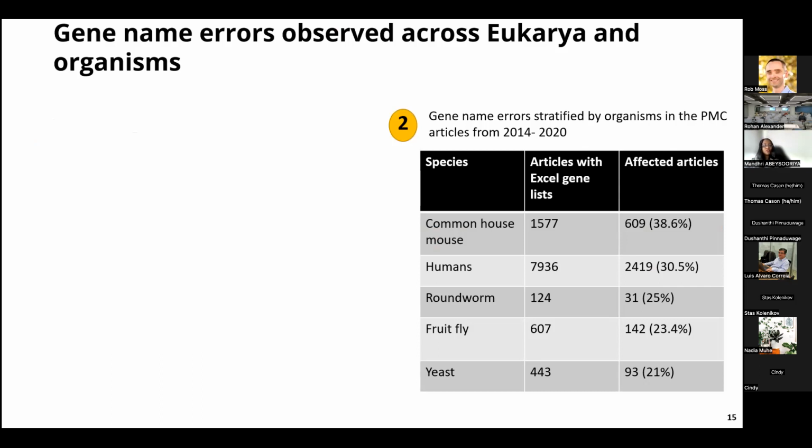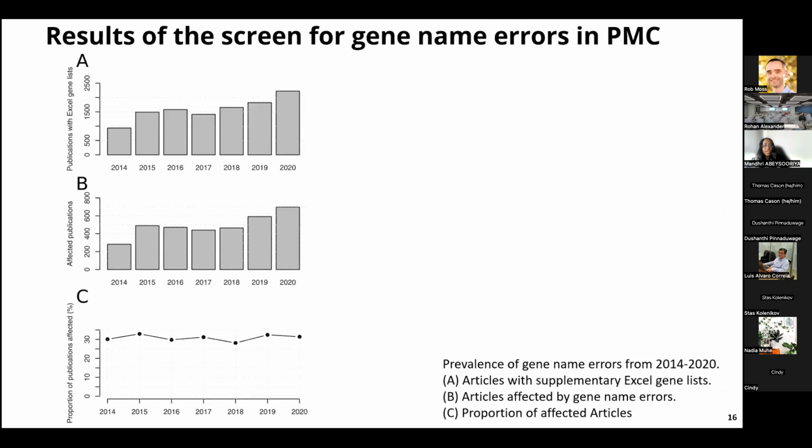Table 2 demonstrates the gene name errors stratified by organism for the top 5 for PubMed Central articles that we downloaded from 2014 to 2020, where the common house mouse has the highest affected articles and yeast the lowest. So this is the result from screening PubMed Central for gene name errors.